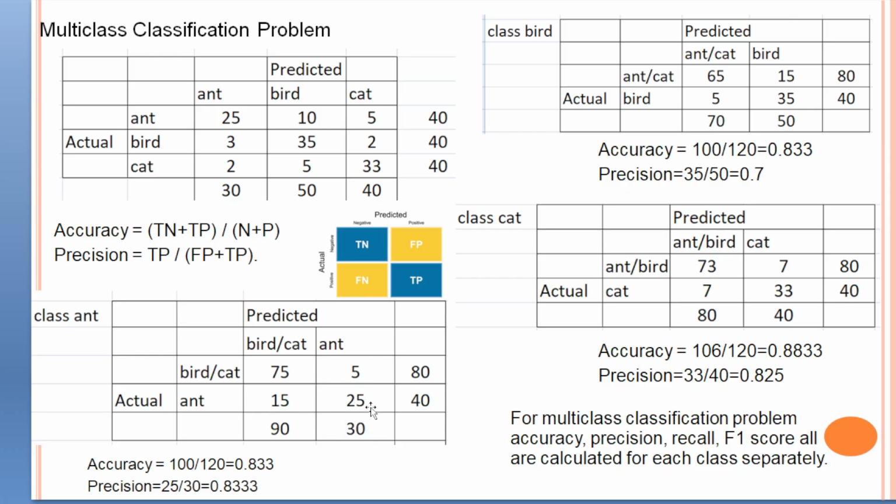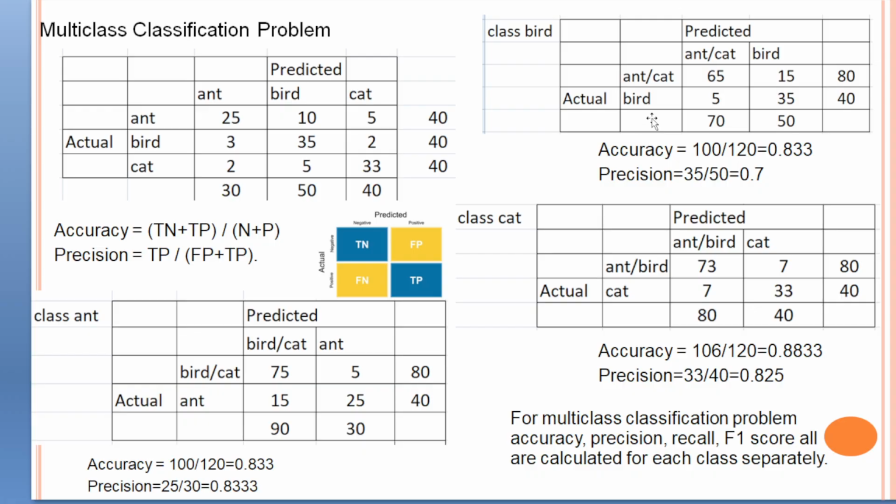TP is 25 and FP plus TP is 25 plus 5, so this is 30. So precision is 0.833.